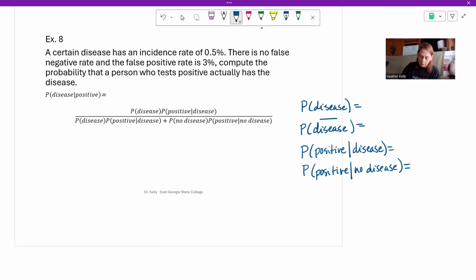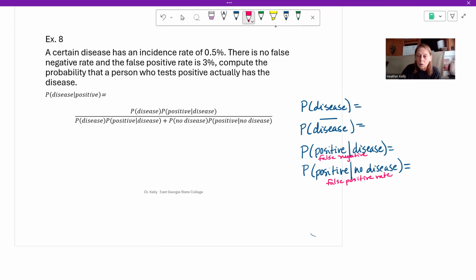All right, let me see here. Let me write this. The positive given no disease is also called the false positive rate. And the positive given the disease is called the false negative rate.